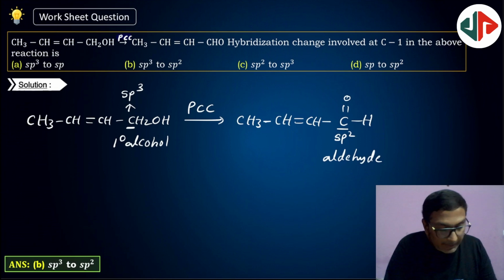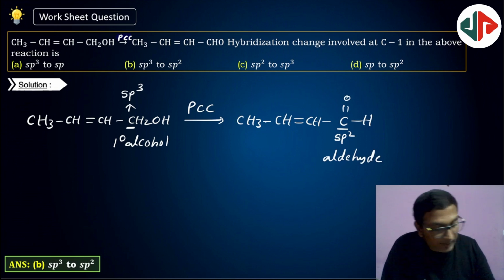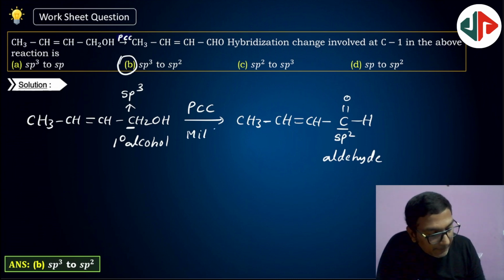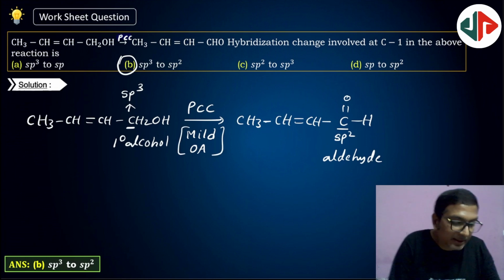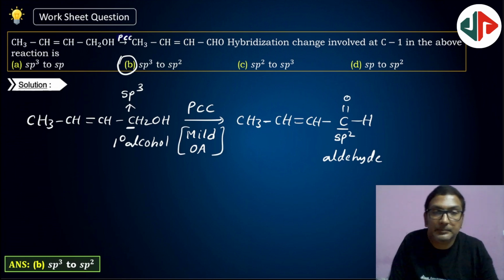So sp3 to sp2. Therefore option B. PCC converts a primary alcohol to an aldehyde.